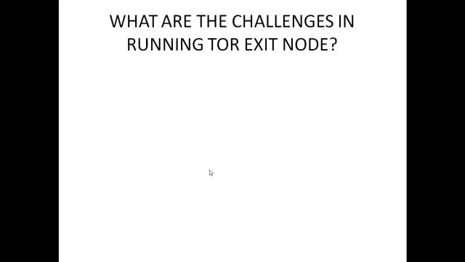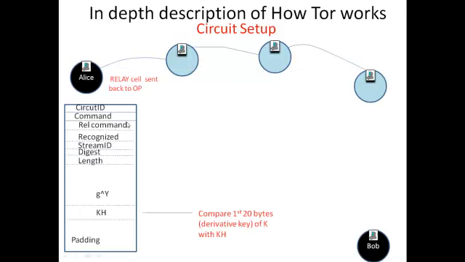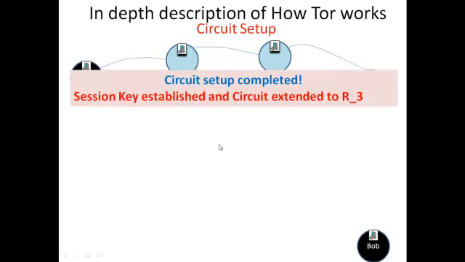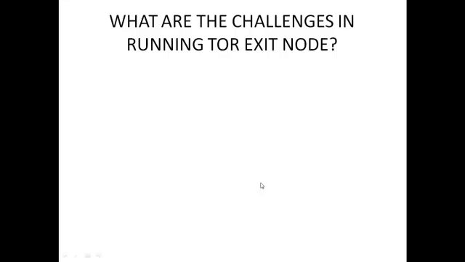So this is, in a nutshell, what happens in establishing the circuit, and from then on, of course, Alice can relay with Bob through this circuit.